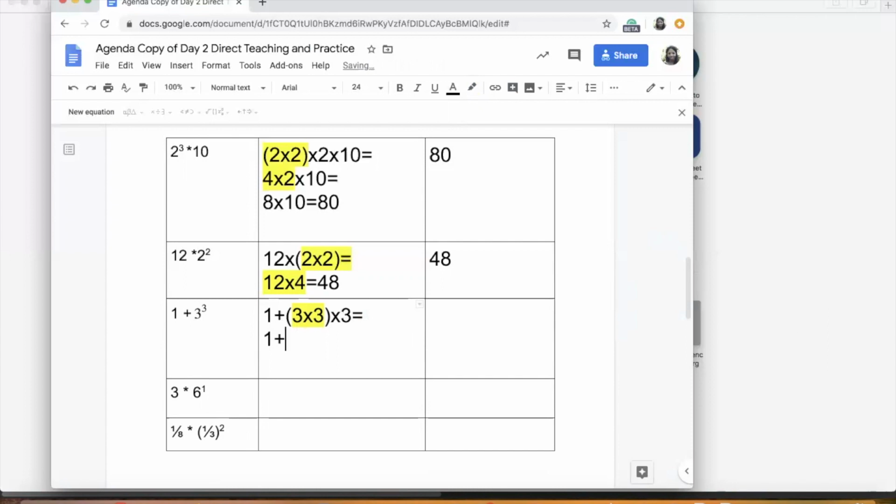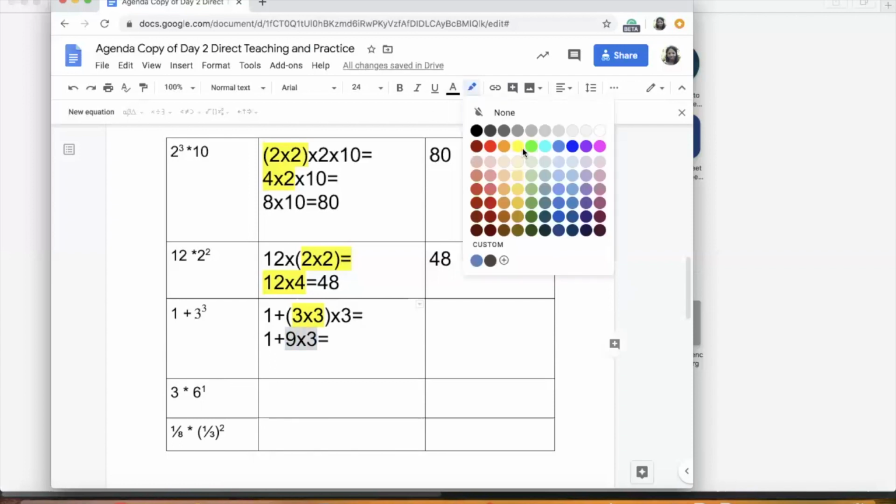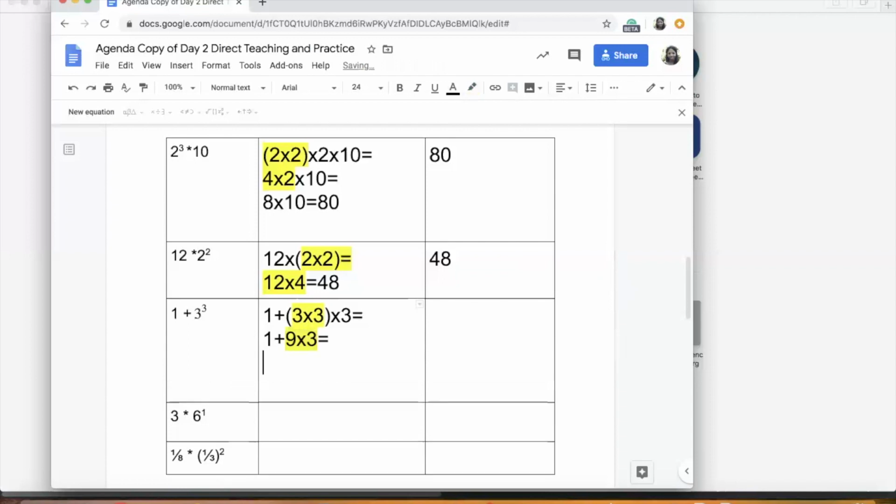So never add before multiply. Multiply first. So we have now 1 plus 9 times 3, okay? And we're going to calculate that. And I know that 9 times 3 is, yep, 27. So we have 1 plus 27, which will give me 28.